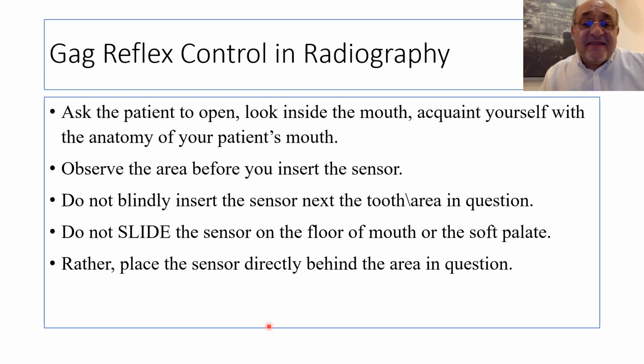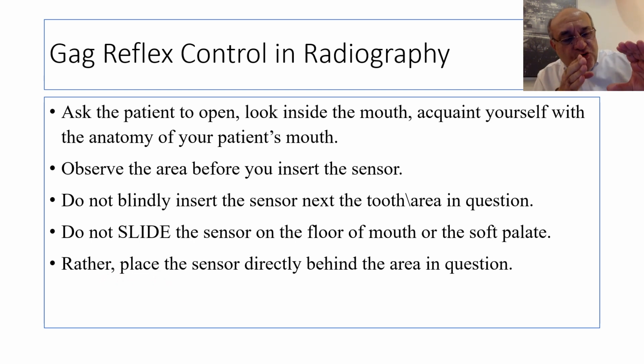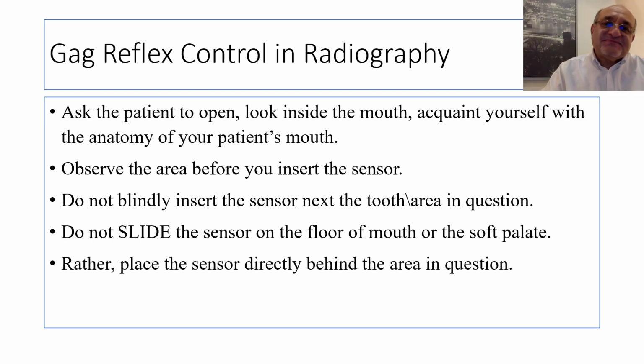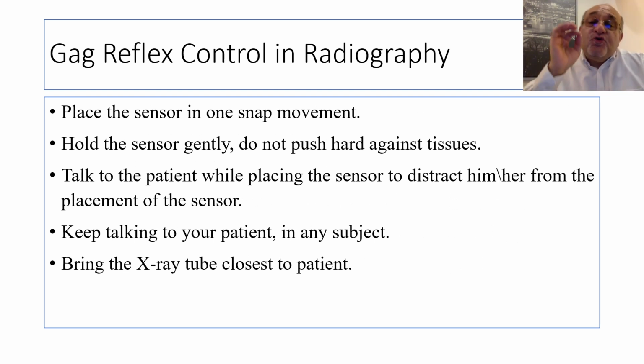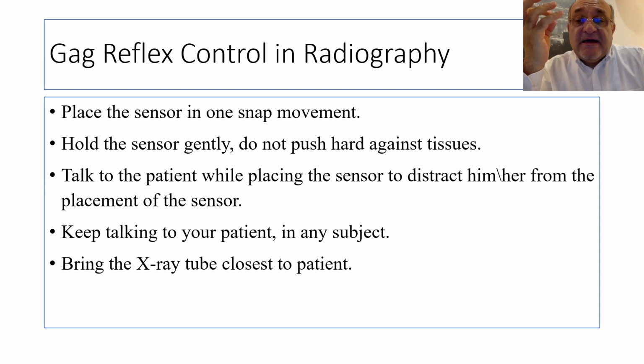Instead of sliding the films, after you locate the area, you just place it with a fast movement behind the tooth, and that's it. Sliding will initiate gagging. So you better place the sensor in a snap movement after locating the area where you're going to put your sensor or your sensor holder.